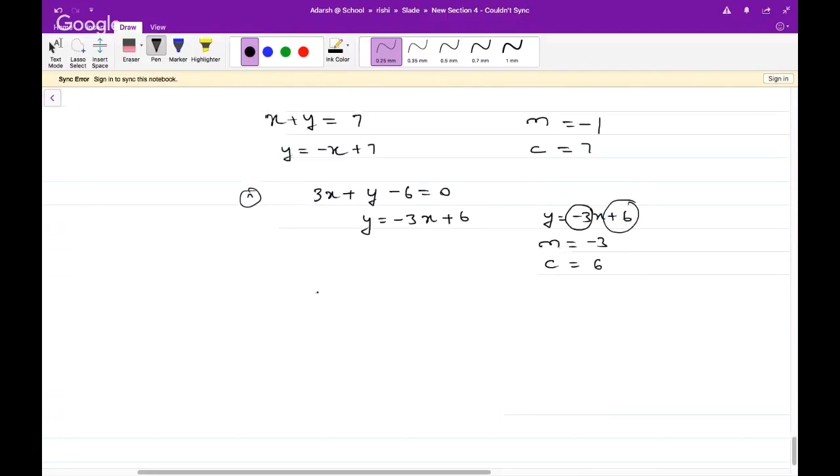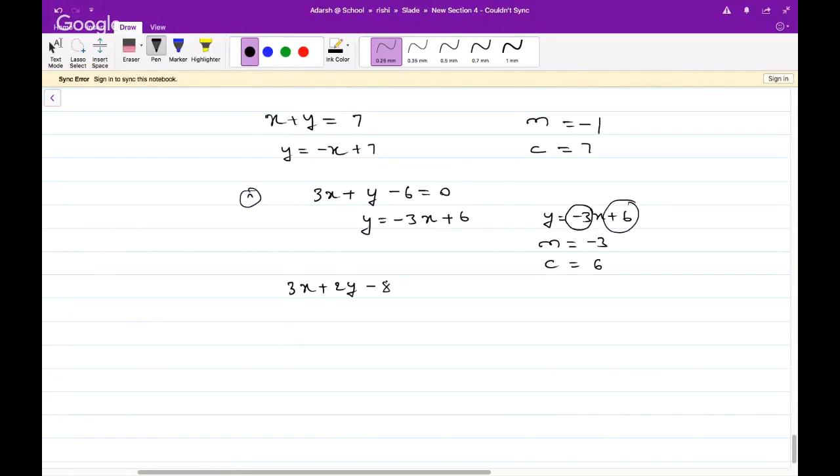Hopefully this is clear. The last example will be 3x plus 2y minus 8 is equal to 0. Figure out the gradient and the y-intercept. So you have to make y the subject. Apart from 2y, everything should be on the other side. So 2y is equal to negative 3x plus 8.